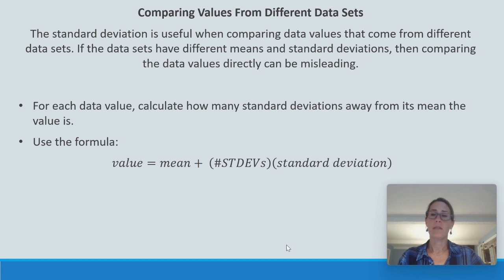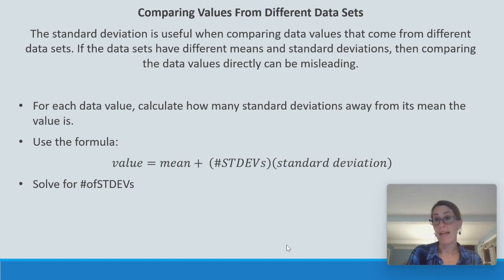We're going to use the formula where the value equals the mean plus the number of standard deviations times the standard deviation. Remember we were talking about 2 standard deviations above: we took the mean and added 2 times the standard deviation. That gave us the value that was 2 standard deviations above the mean.